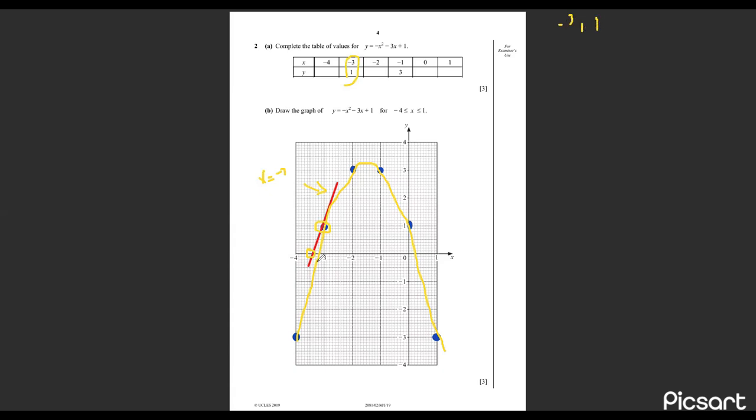And this point is negative 3.4 and 0. So y2 minus y1 over x2 minus x1 is the gradient. So the gradient of the tangent will be equal to y2 minus y1 over x2 minus x1.